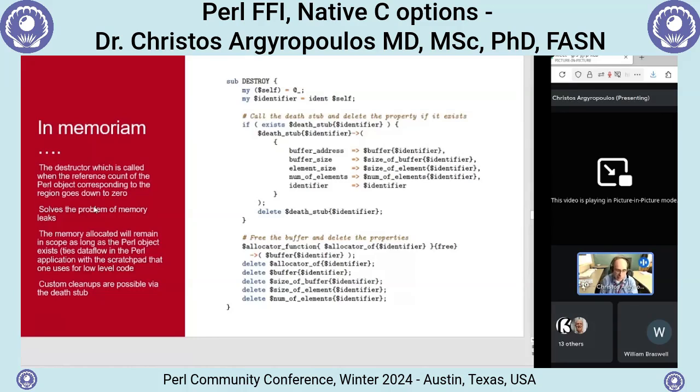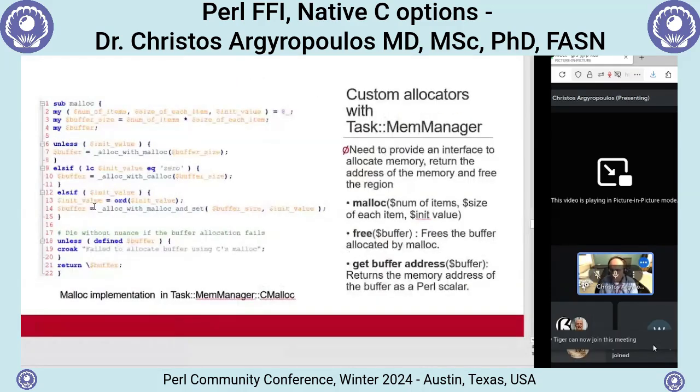You can even do custom cleanups in addition to that. For example, you can write a small logging function, which I actually use to illustrate these packages later on, which gives you an idea of what memory region is being deallocated.